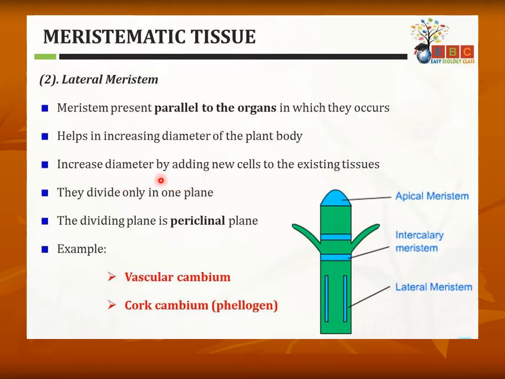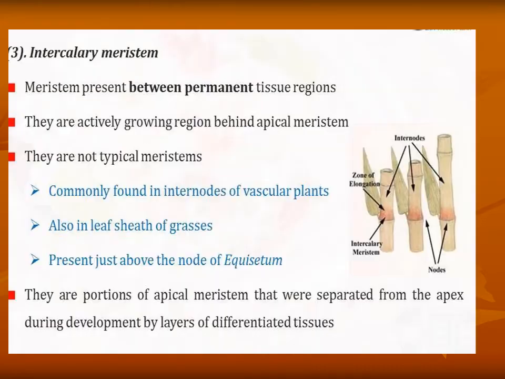They increase diameter by adding new cells to the existing tissue and they divide only in one plane. The dividing plane is the periclinal plane and you can see here this is the apical meristem, this is the intercalary meristem and this is the lateral meristem.